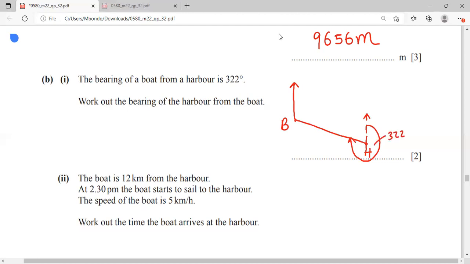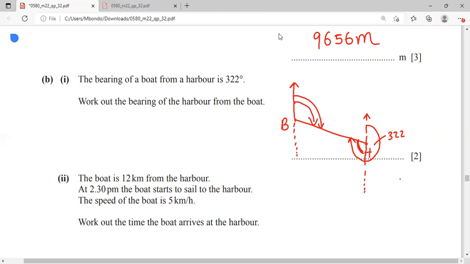Then now find the bearing of the harbor from the boat, which is this. All right, so this is very easy. There are 2 ways that we can do it. We can actually find this angle here, because when we find this angle, we know that it is equal to this one.